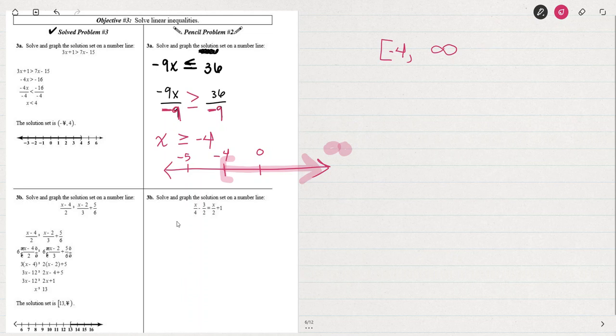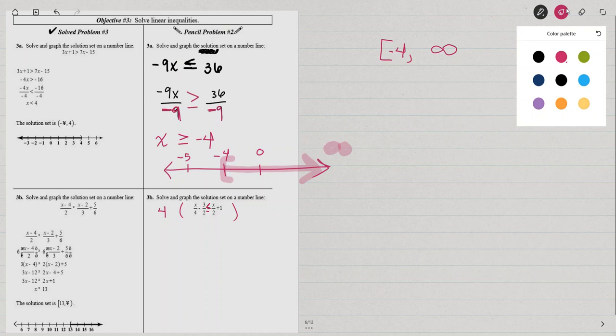Let's look at number 3b. x minus 4 minus 3/2. I think this was supposed to say less than or equal to x over 2 plus 1. I'm going to start by multiplying everything by 4, just so I can get rid of those fractions.